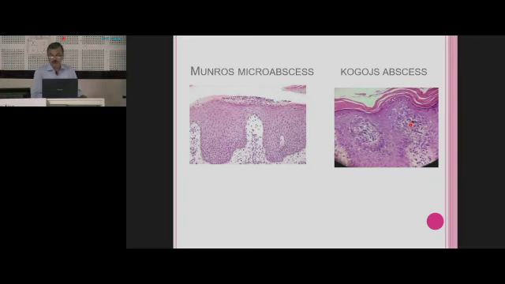The Kogoj and the Munro's abscess are truly diagnostic of the psoriasis, and in their absence, the diagnosis can rarely be made with certainty on histologic basis. These two are important. If they are present, then we can diagnose 100% as a psoriasis in the psoriasiform dermatosis.